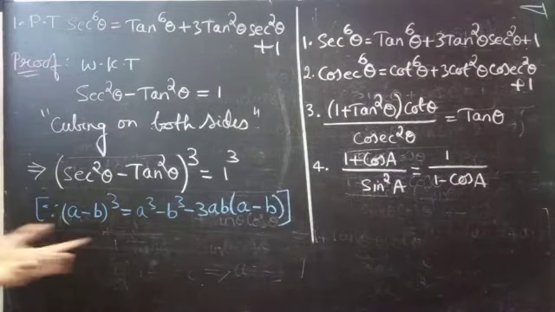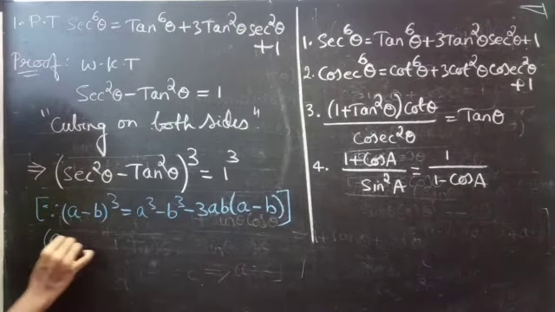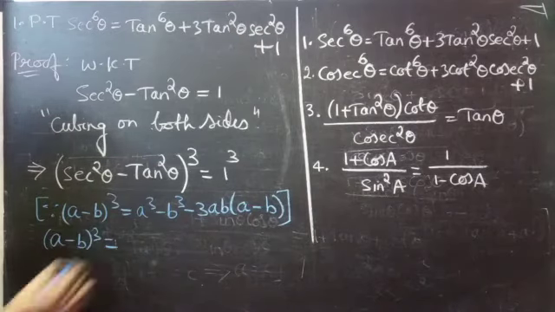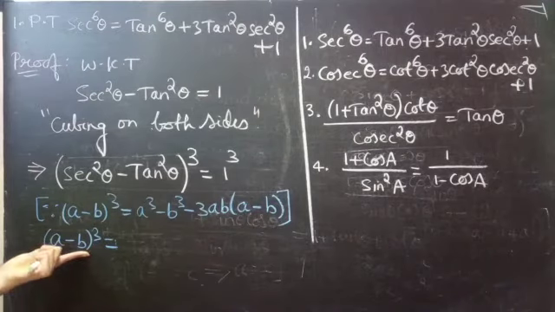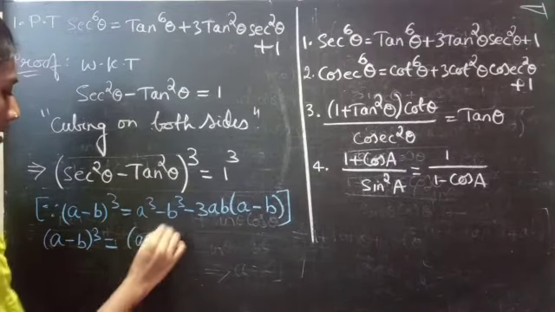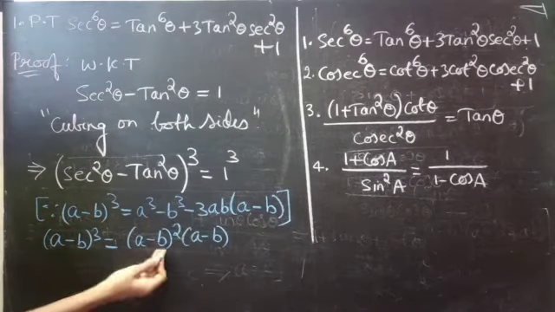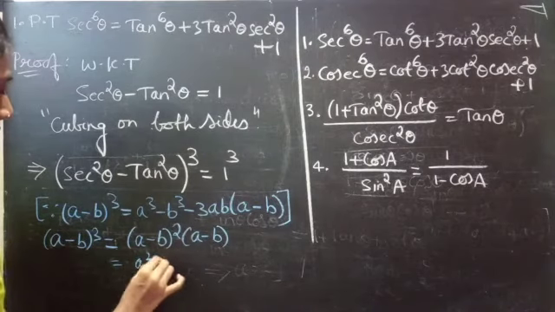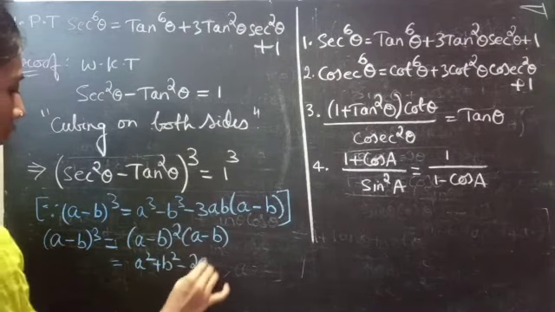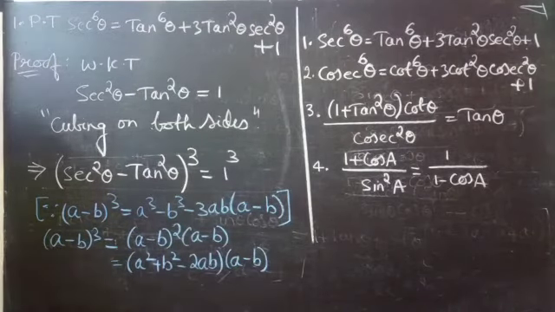If in case you are forgetting the formula, then you can just solve this by known formula. So a minus b whole cube can be written as a minus b whole square into a minus b. Okay, we all know a minus b whole square. We'll never forget this, right? So this is equals to a square plus b square minus 2ab into a minus b.